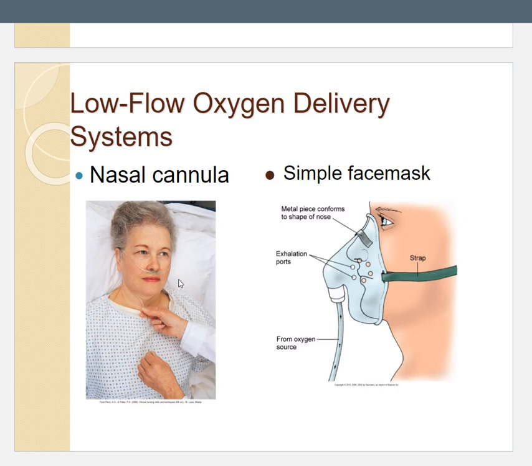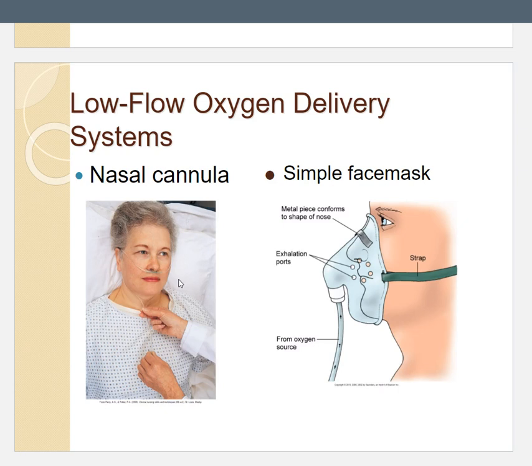You would definitely put that liter flow up to at least 5 liters for 40%, and between 55 and 60% you would probably increase it to 8 liters. You need a simple face mask at least at 5 liters per minute to prevent the rebreathing of exhaled air.